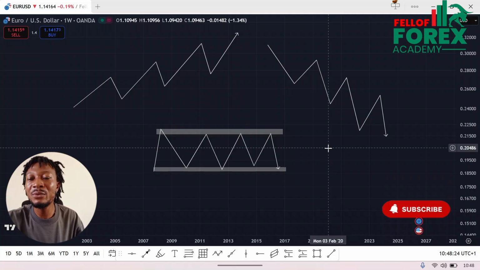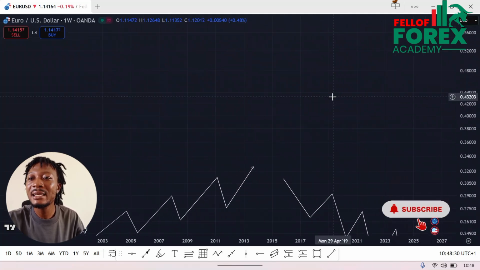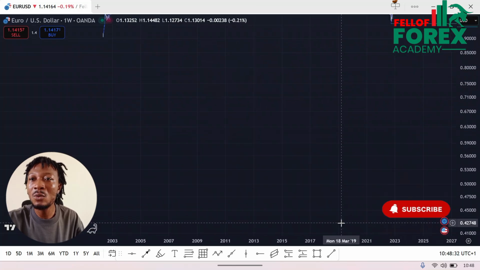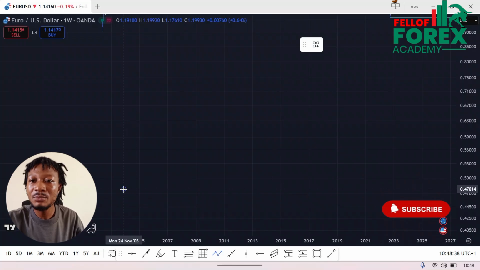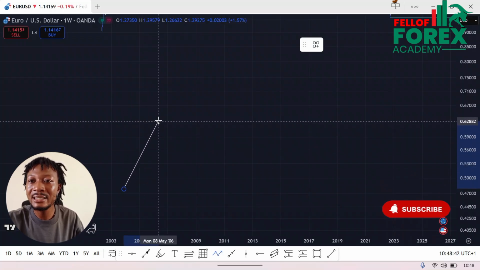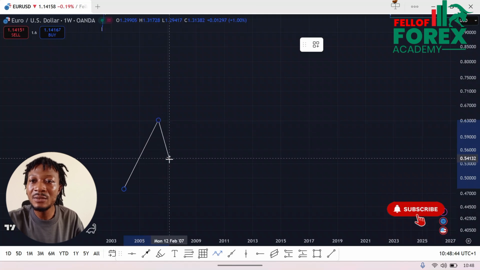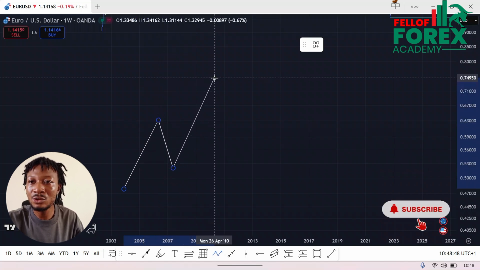Okay, now that we've understood these things, I want us to look at how to actually catch these sells or buys. So let's start with an uptrend. Take for example, you notice that you are in an uptrend. So price has created this move, giving you a pullback, and then taken out structure.